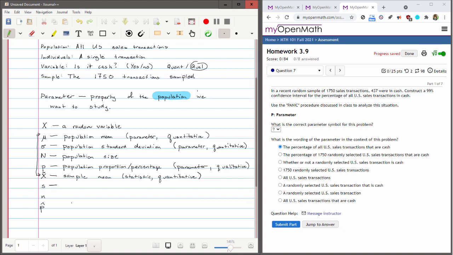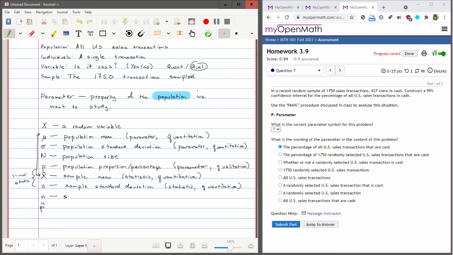The S, you've also seen on your calculator. That's the sample standard deviation. That's a statistic also for quantitative data. These both show up in the 1-Var Stats on the calculator. The calculator is assuming that the data you entered is data that you actually measured, which is going to be the data from your sample.